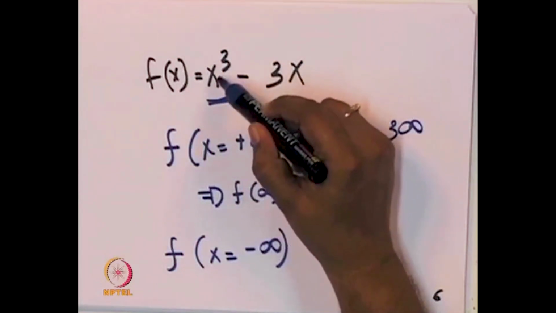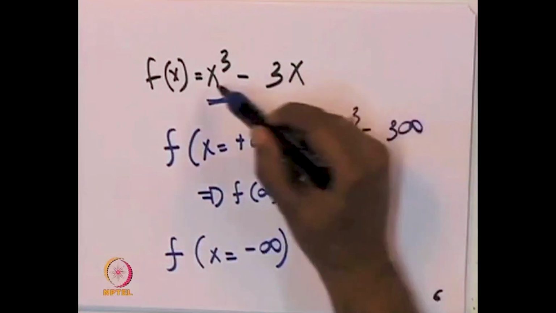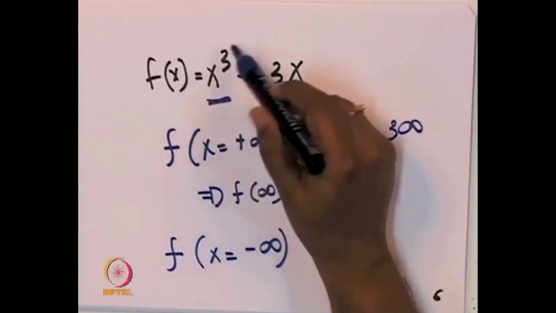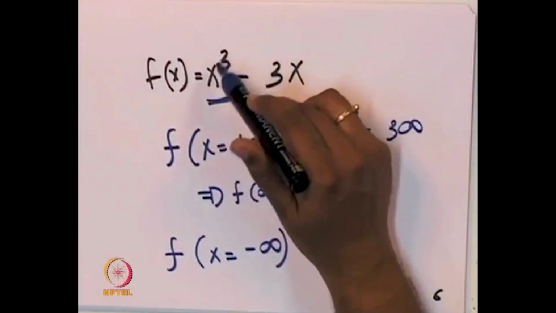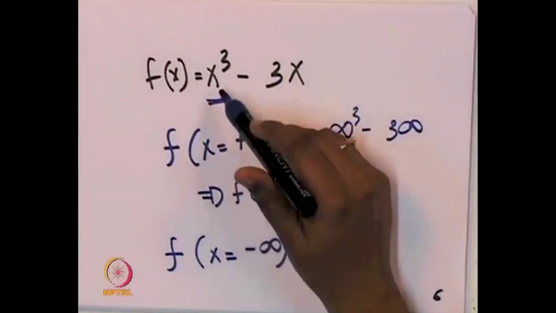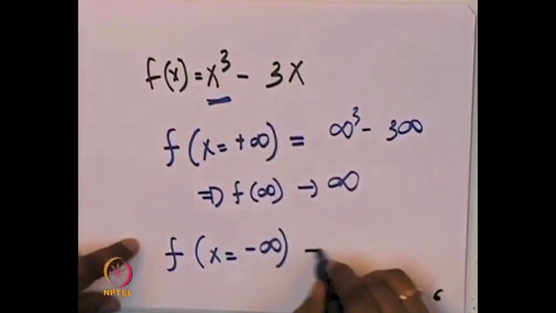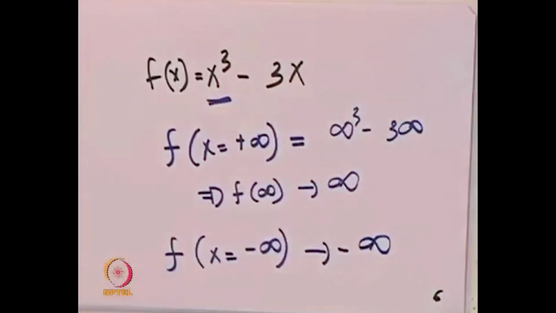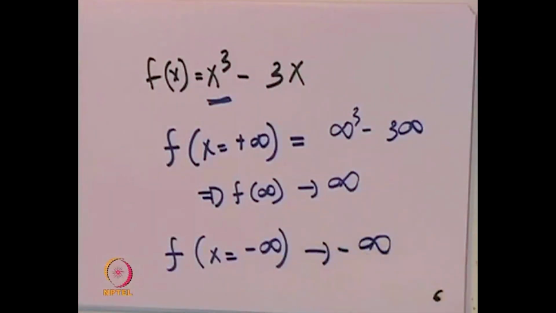For example, if x is 10, x cube is 1000 and x is just 10. So 1000 is much larger than 10, and whatever the sign of this 1000, that will be the dominating sign. So, as x goes to minus infinity, this function goes to minus infinity, because this is how a cubic function goes.